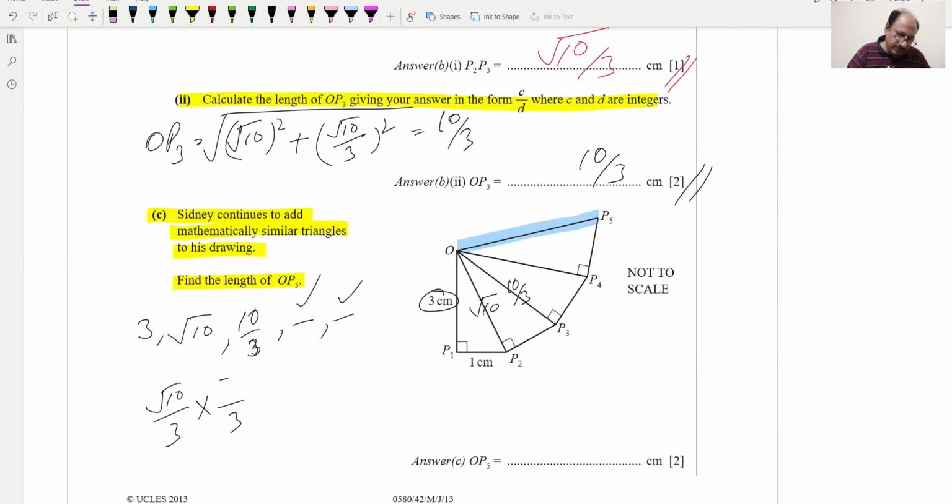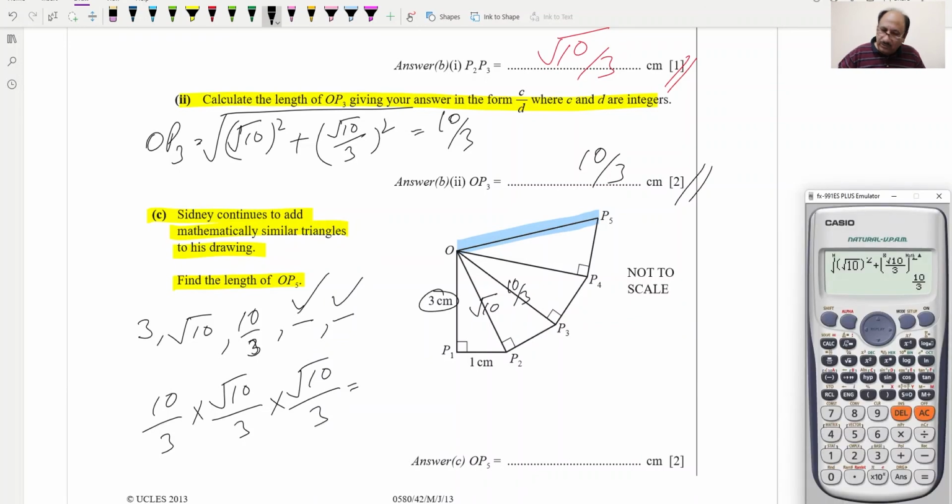We'll have to write like this. So 10 over 3 will be multiplied by under root 10 over 3 once to get the fourth term, and to get the fifth term we will be multiplying again by this.